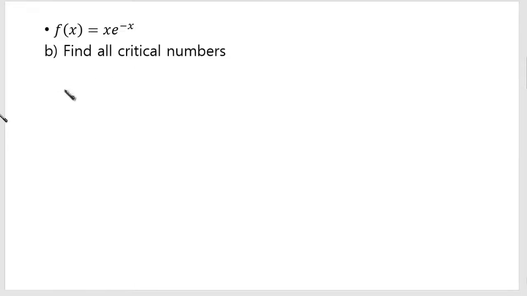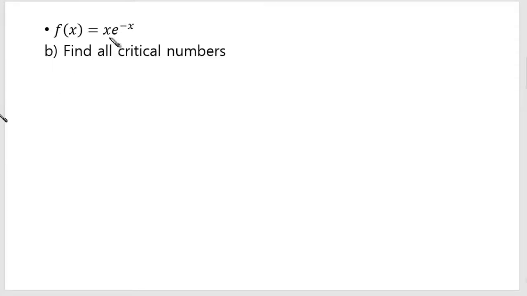Find all critical numbers. Now, when you find critical numbers, you should be aware of the domain, because if you get a number that makes f prime equal to 0, but somehow it's not in the domain of the function, then that's excluded from being a critical number.